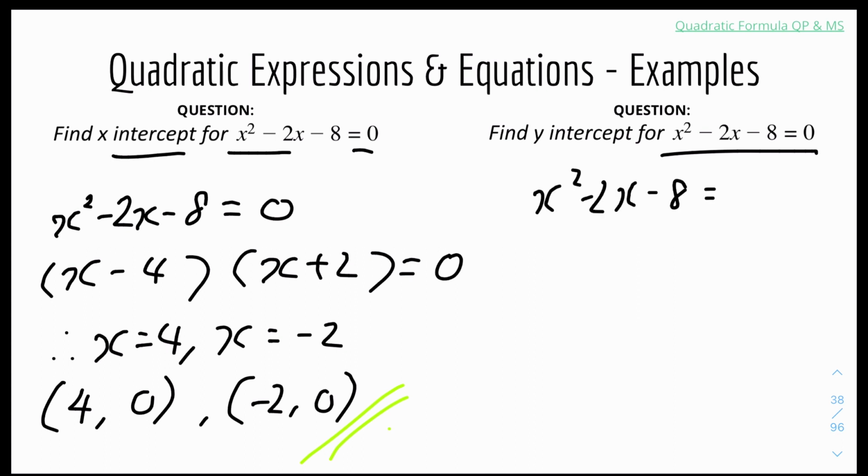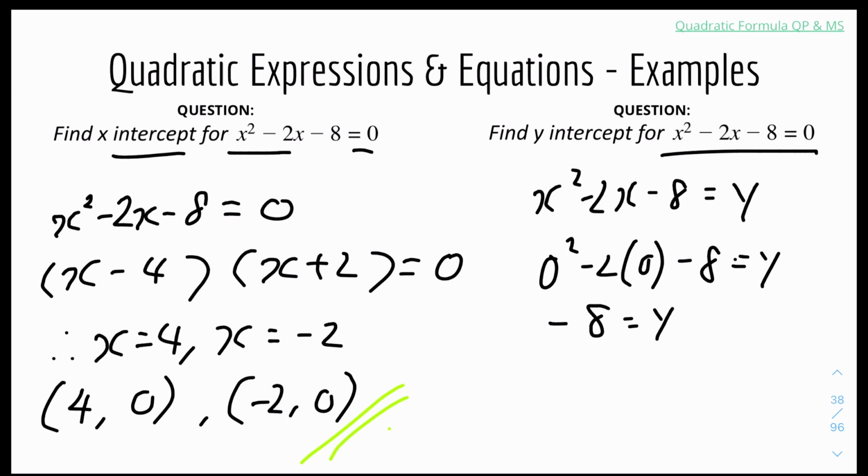Let's say it's y, then it'll be 0 squared minus 0 minus 8 equals y. That means minus 8 equals y. That means that the y-intercept would be (0, minus 8), and that's it.